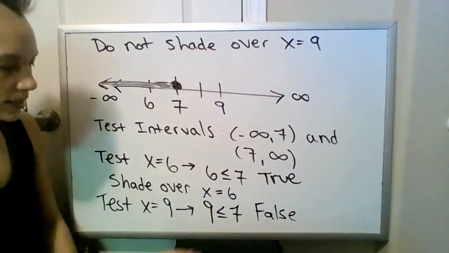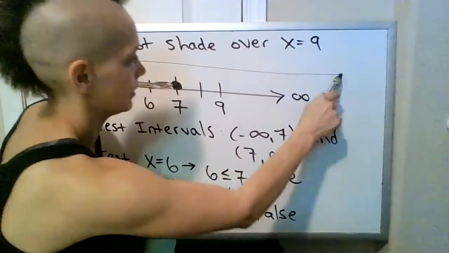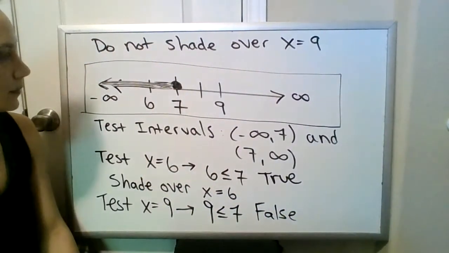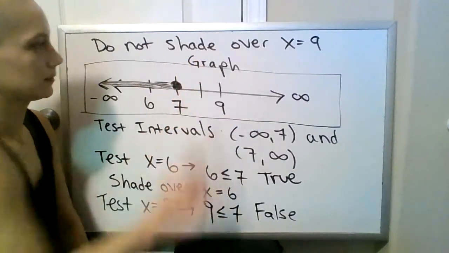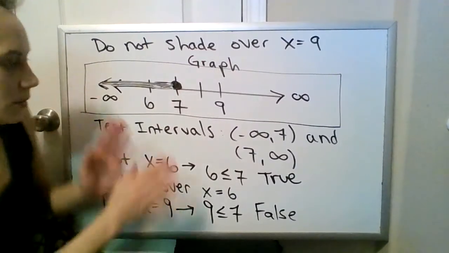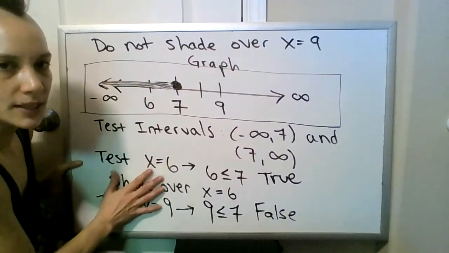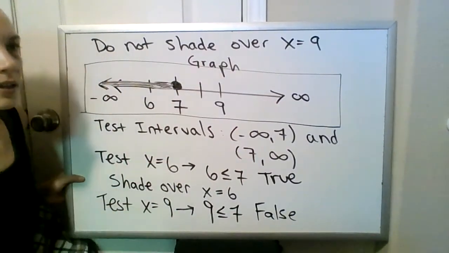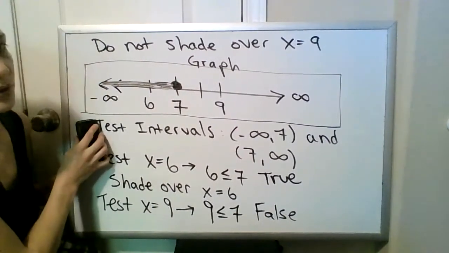So all of that work was really just scratch work to get this graph right here. So again, test intervals are scratch work, even putting in these little points, the test points was scratch work. To finish the problem, we need to write the set in interval notation.